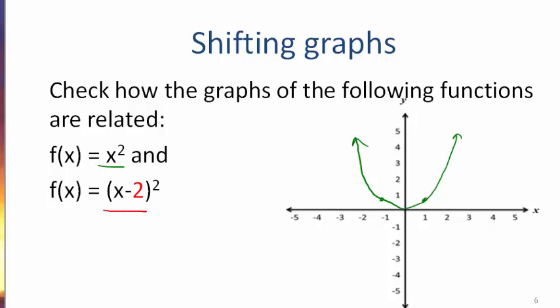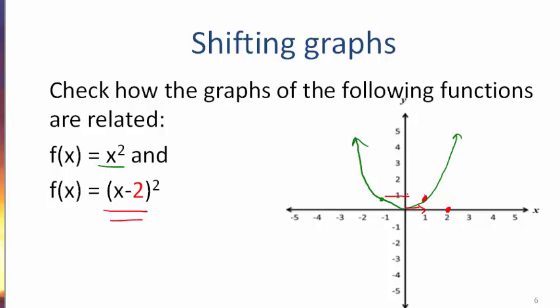What happens now if I change my input in the following way? So now when x equals 2, y equals 0. So this point here shifts to the right by 2 units. And if x equals 1, y equals negative 1 squared, and so y equals 1, so I get this point here.